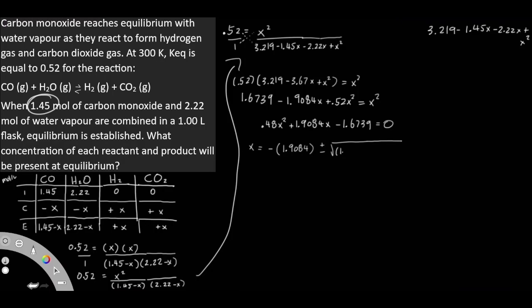It is 1.9084 squared minus 4a, right? A is 0.48. C is negative 1.6739, all over 2a. When I say all over, I literally mean all over. So this whole thing is over 2a. So 2 times 0.48. There we have it.